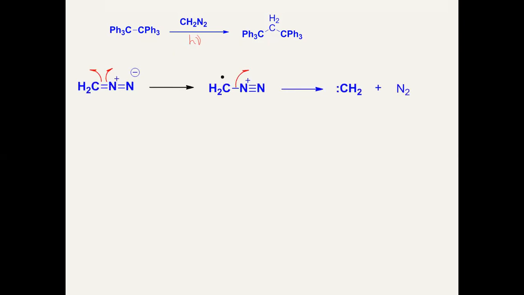So in the first step, diazomethane undergoes free radical changes. This bond, which is the carbon and nitrogen double bond, undergoes homolytic cleavage, and there is a generation of a free radical. That electron is taken by nitrogen, and the negative charge on nitrogen is restored here.